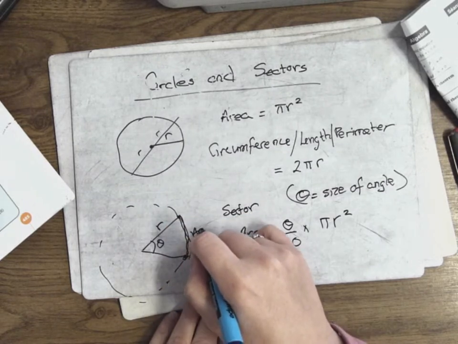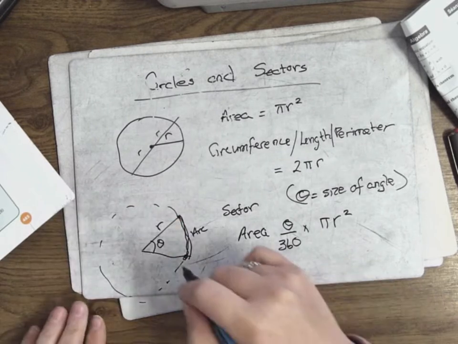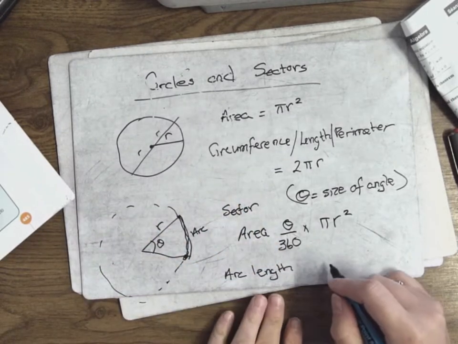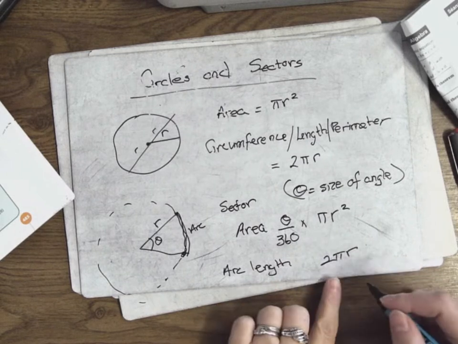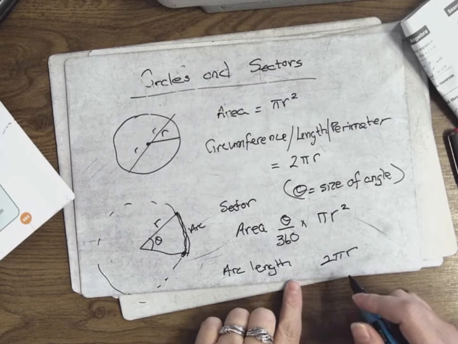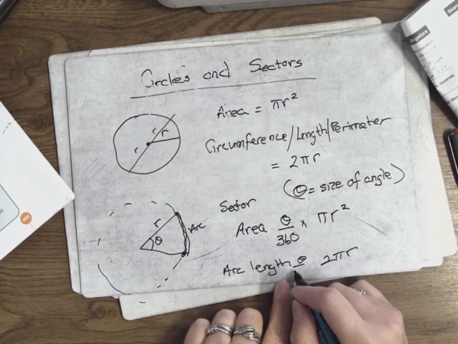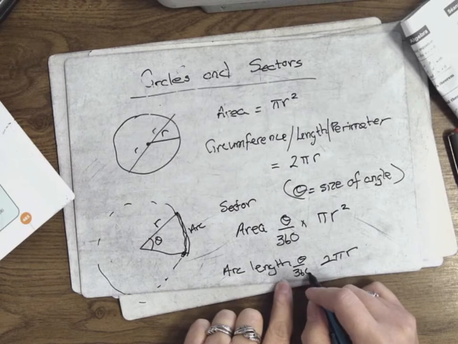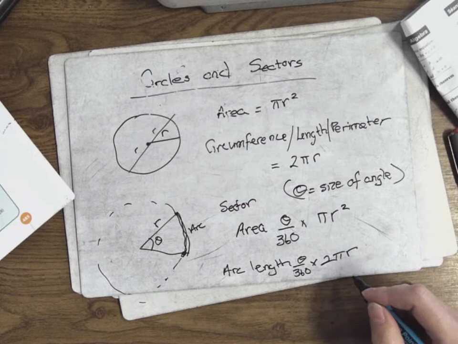To get the length of that curvy bit, if it was the whole circle, it would be 2 pi r, but it's only a fraction of a circle. So 2 pi r, what do you think I'll put in front of this? Theta over 360 multiplied by 2 pi r. I'll do an example in a minute.